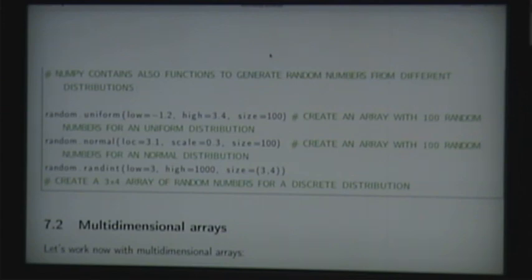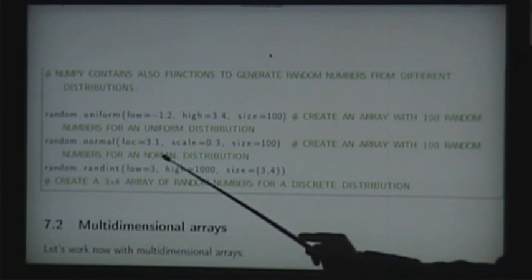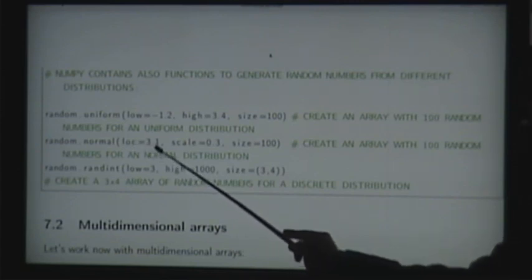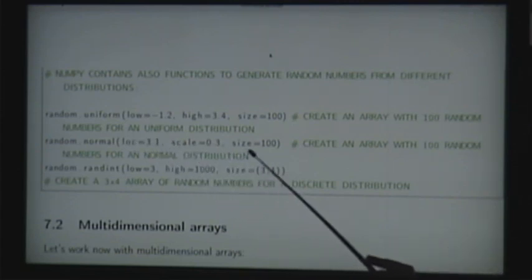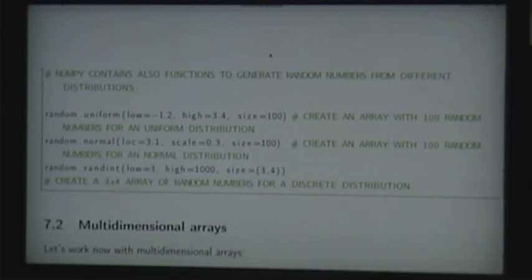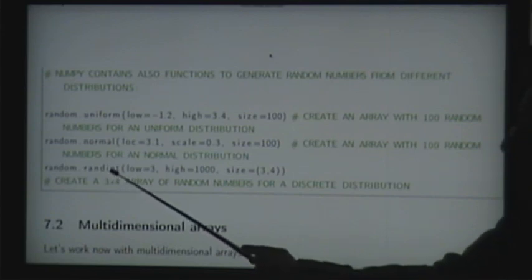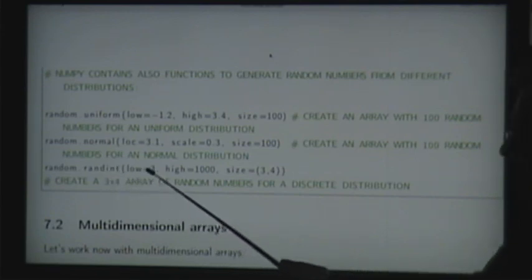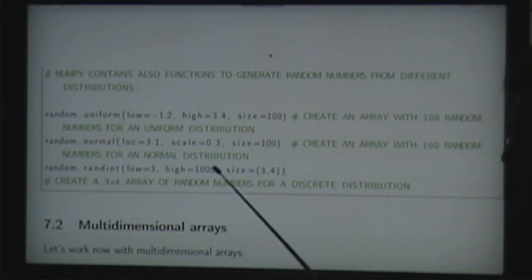So let's try with a normal one. In this case, we have different parameters, which are the location, which is the mu, and the scale and size. This is a Gaussian distribution or normal random distribution. Or a random uniform of integers. Now we give low and high, that should be integers.